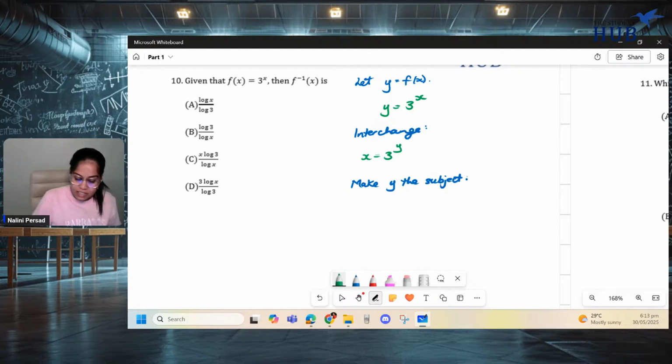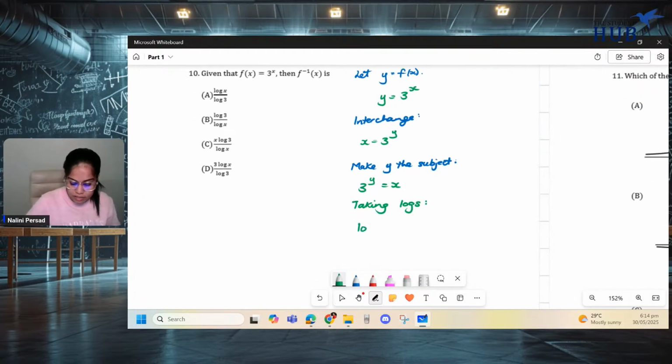So we have x is equal to 3 to the power of y. We need to make y the subject. So I'm just going to put 3 to the power of y is equal to x. To get that y back down from that power, I need to take logs on both sides. So I get log of 3 to the power of y is equal to log of x.